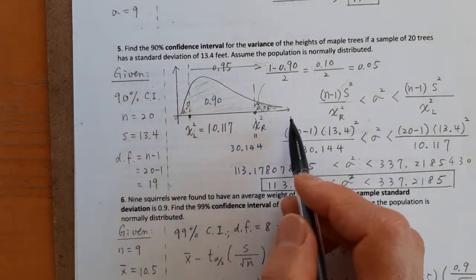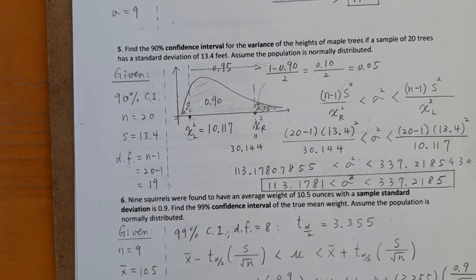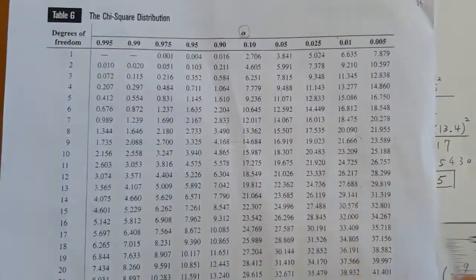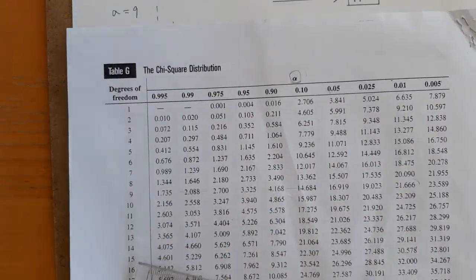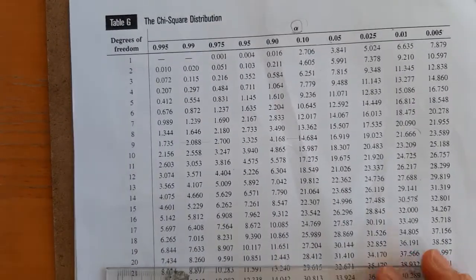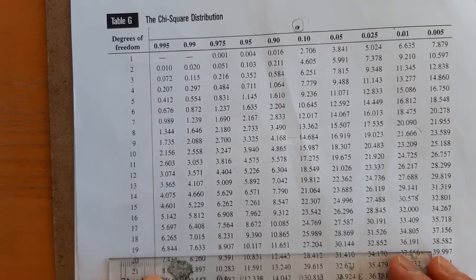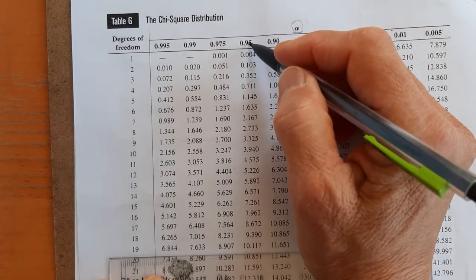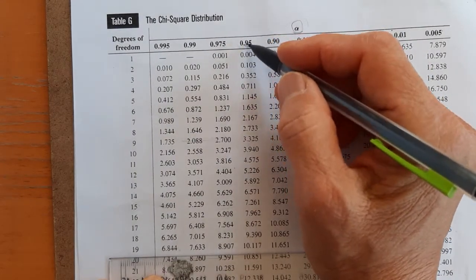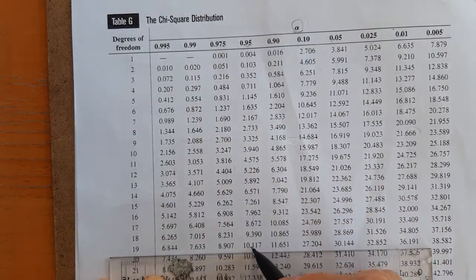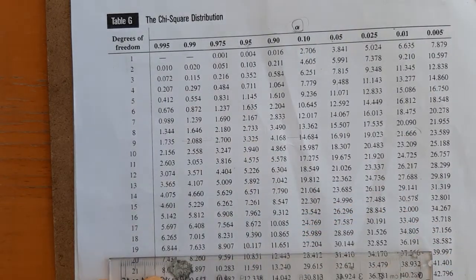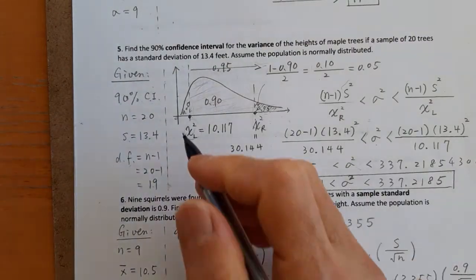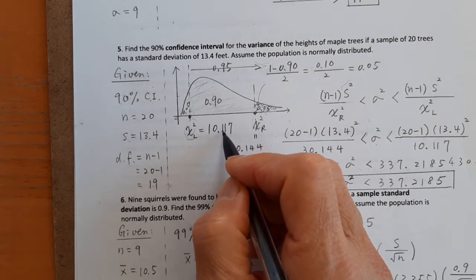Figure out chi-square with 0.95 and degrees of freedom 19. You look at the table, degrees of freedom 19, 0.95, and get 10.117. So chi-square left is 10.117.